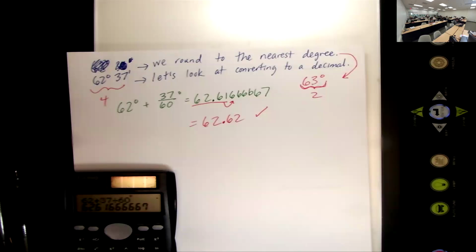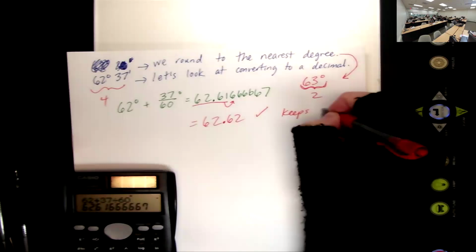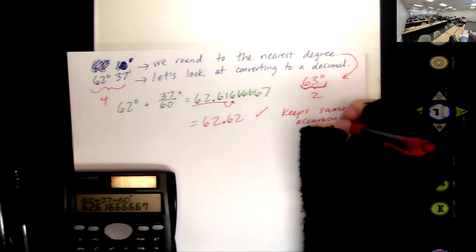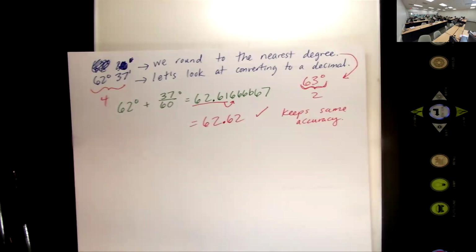If we wanted to keep the same accuracy level. Keeps the same accuracy. So is it like a zero? When it ends after a decimal.